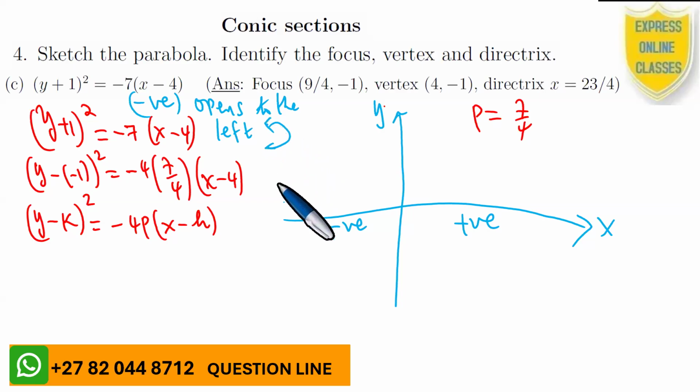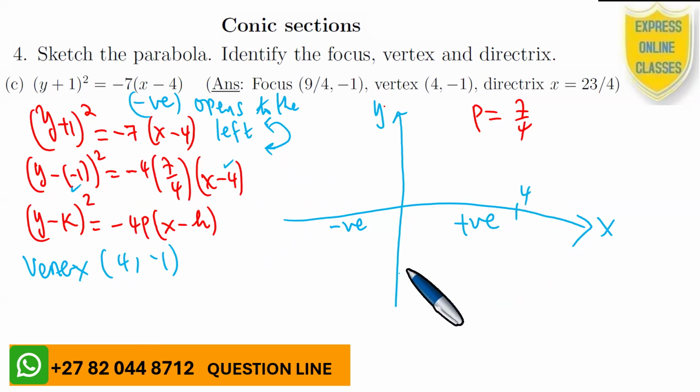But now we must check carefully the vertex. So the vertex is going to be at x equal to 4, and then y is negative 1. So x is 4, and y is minus 1.